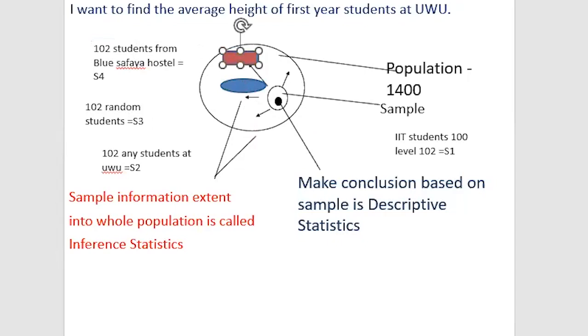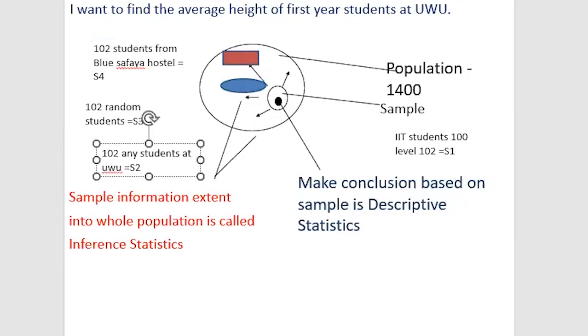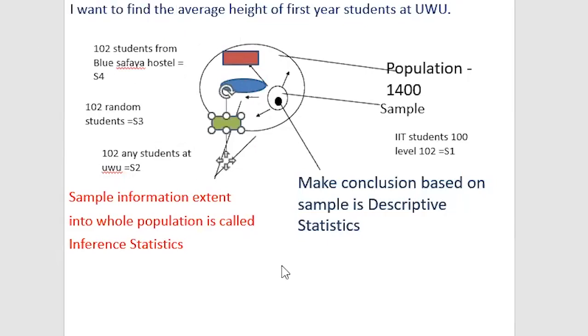This is the Blue Sapphire student. This is any student at UW. Right? There are 4 types of sample.